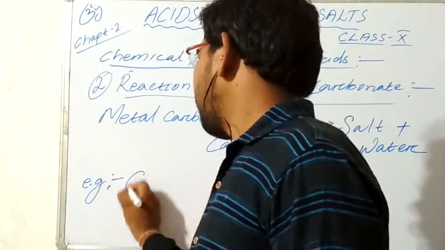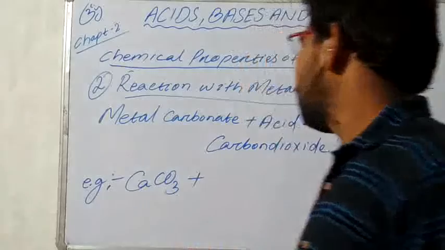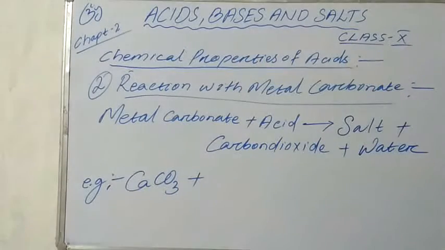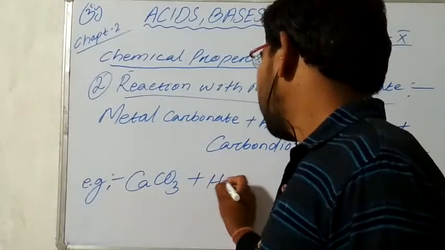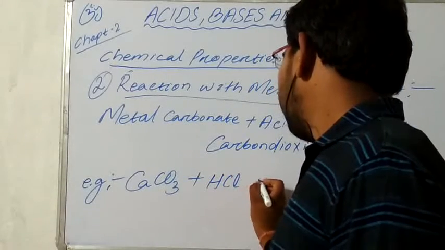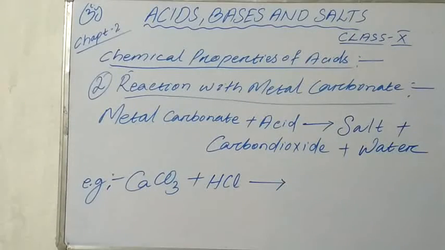An example of a metal carbonate is CaCO3, calcium carbonate. An example of an acid is dilute HCl, hydrochloric acid. Then which salt is formed?